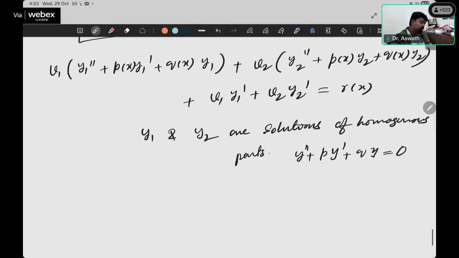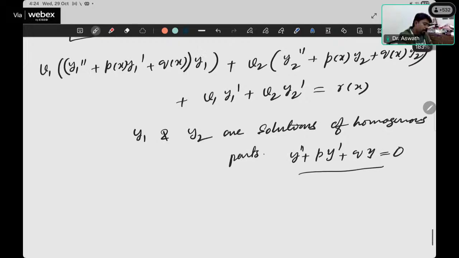So y1 is a solution of this differential equation. y2 is also a solution of this homogeneous part, which means this entire thing is 0. This entire thing, if you see, is 0. So what are you left with?